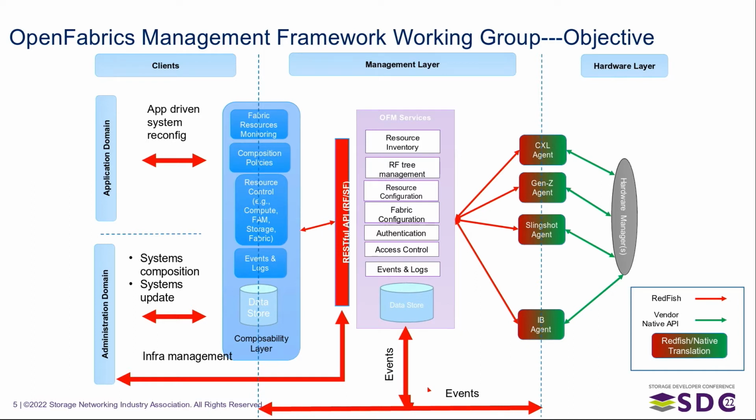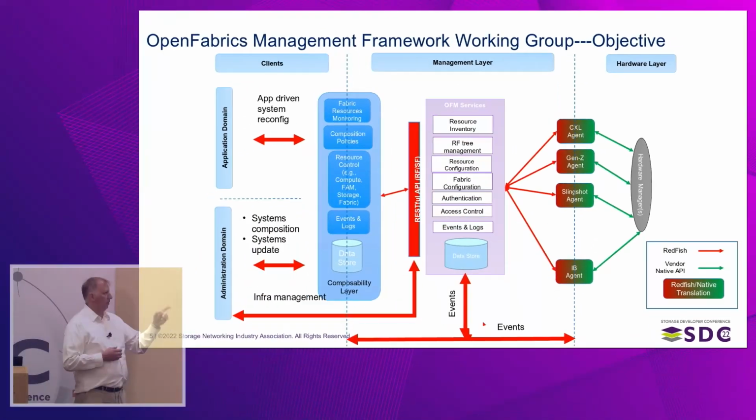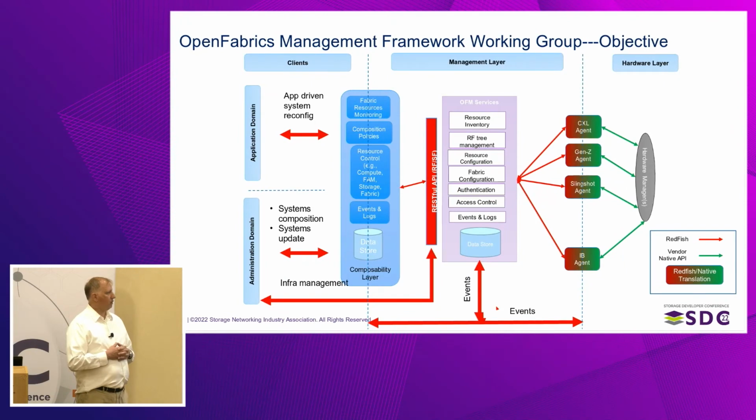So if you've got storage components over on the right side, you can gather all that information and bring it back into one central repository, which ends up being the OFMF. On the right side, you'll see we have put together agents. Those agents talk down to whatever fabric manager you have down there.